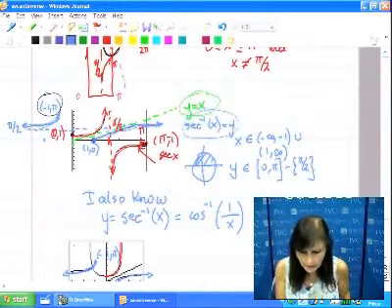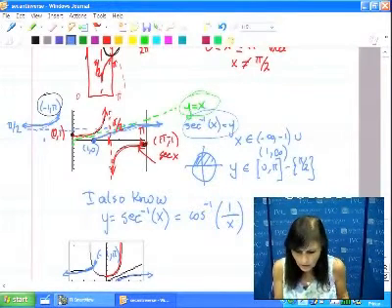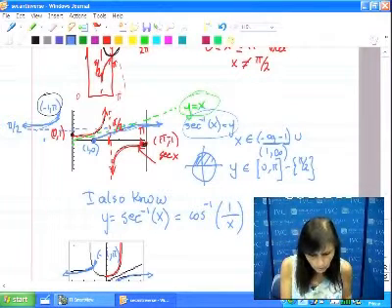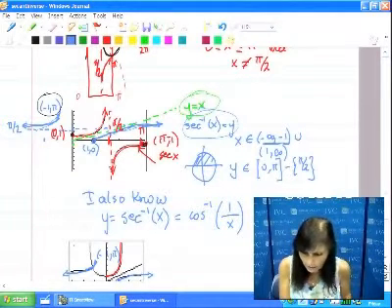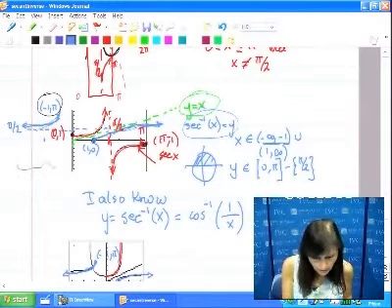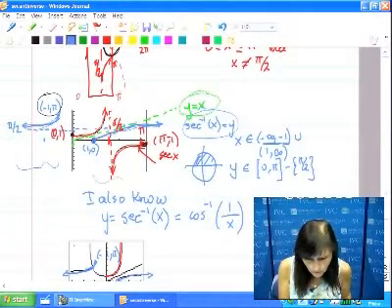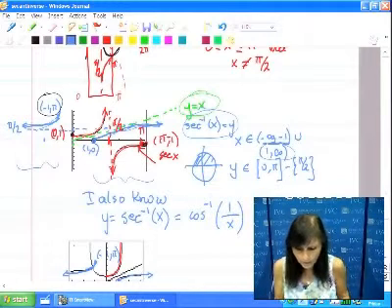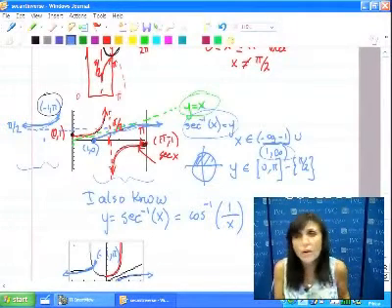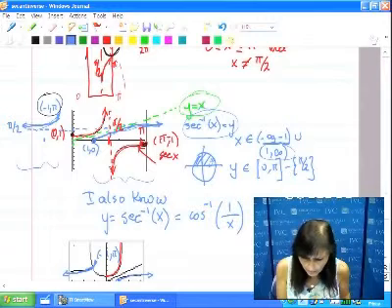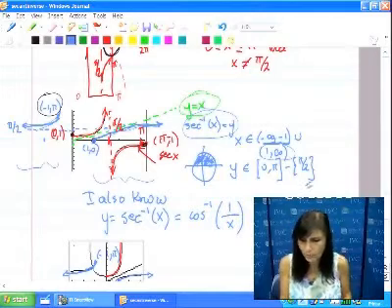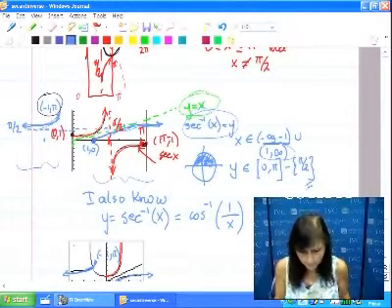So the secant inverse, that means I'm going to go from negative infinity to negative 1 right here. And then I'm going to start 1 to infinity right here. So the output that you're going to get is going to be limited to 0 to pi right here. And then you cannot have pi over 2 because that's where it blows up.